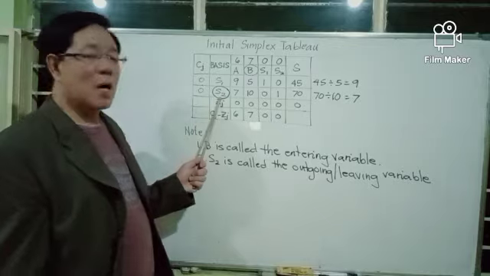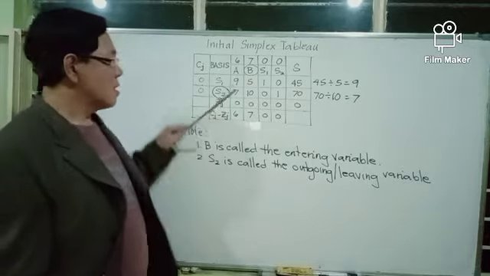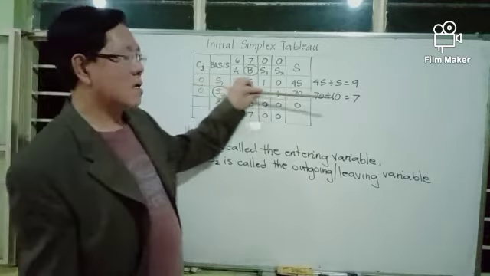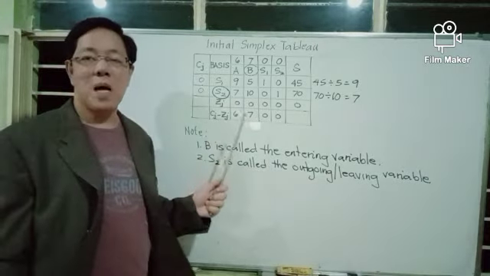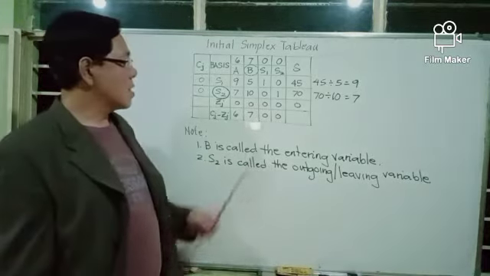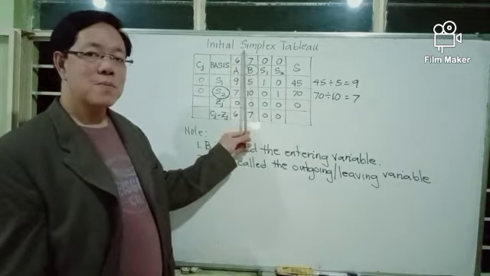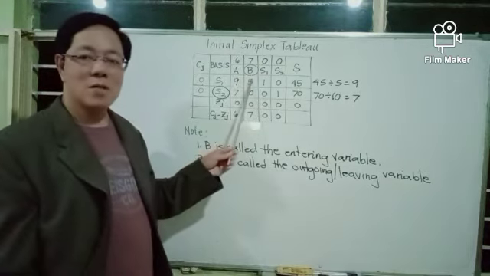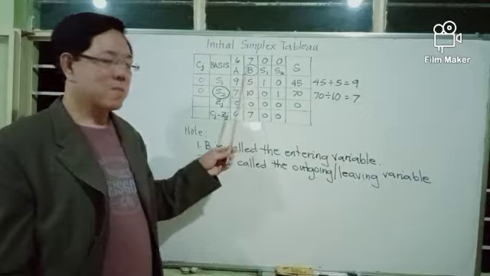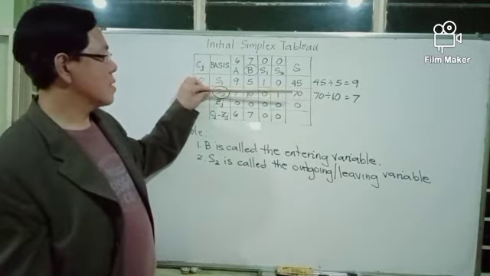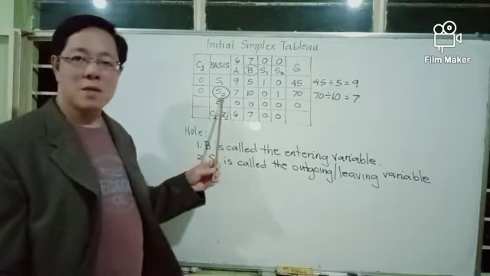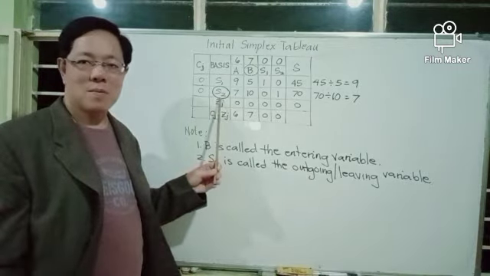And S2 is our outgoing variable. The row containing the outgoing variable or leaving variable is called the pivot row.